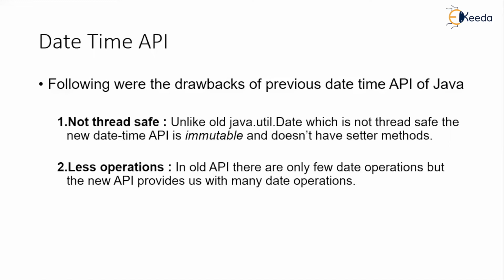The operations in the earlier API were pretty few, so you could perform only restricted operations with the data available in the date or time object. This new API has more operations as compared to what was available in the previous API.